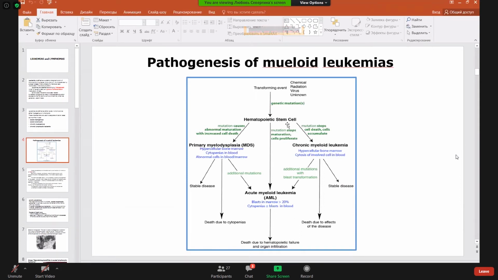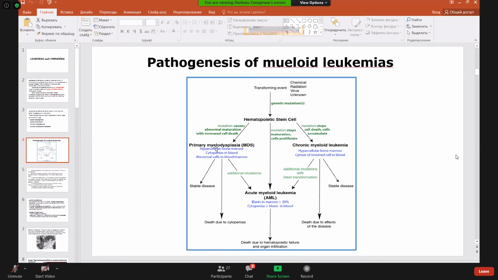in the bone marrow. If we can reveal more than 20% blast cells, immature cells, in the bone marrow, we can write the diagnosis of acute myeloid leukemia. In chronic myeloid leukemia, morphologists will reveal predominantly mature cells, more or less mature cells, and it's a stable disease.